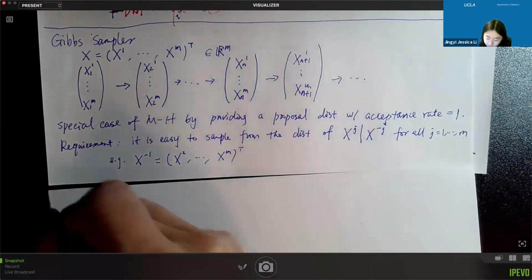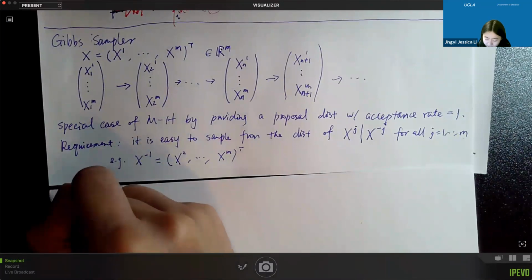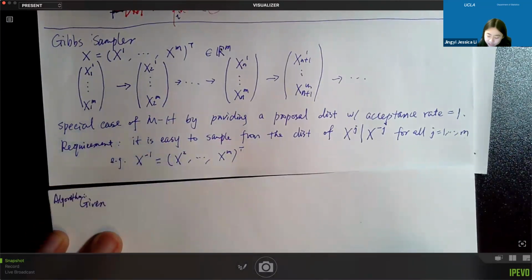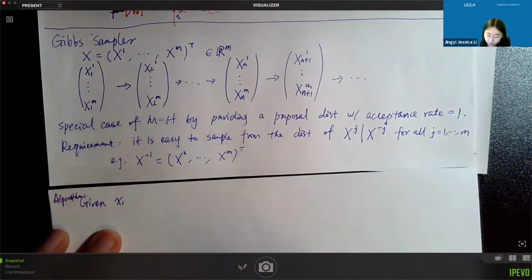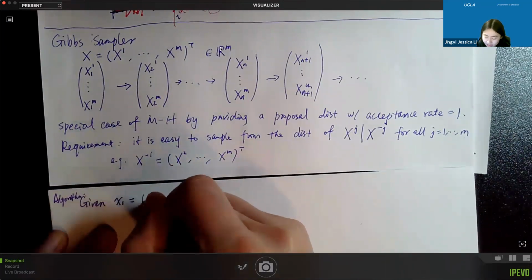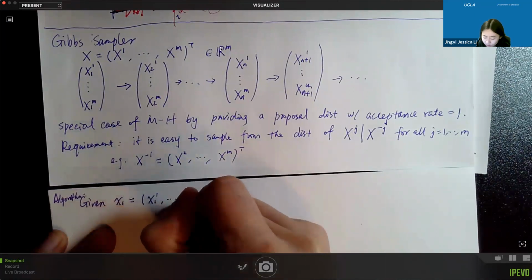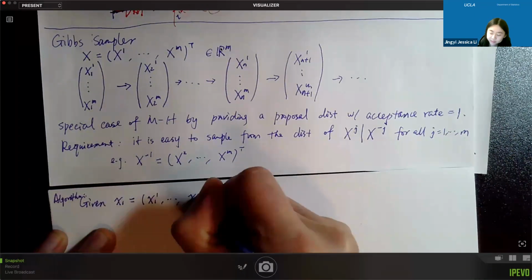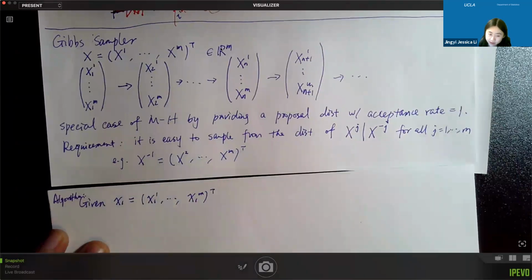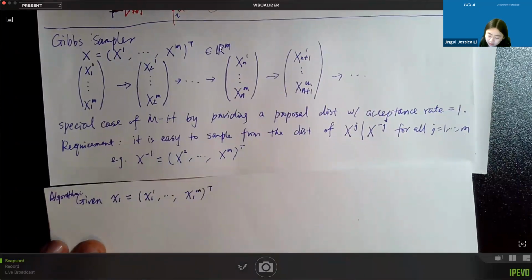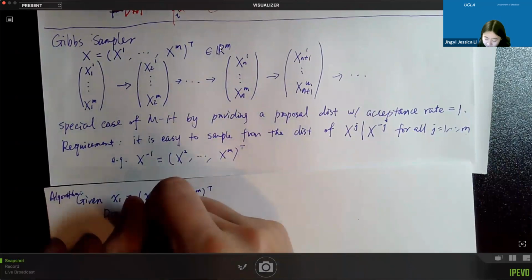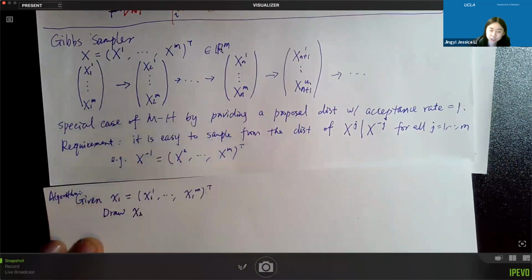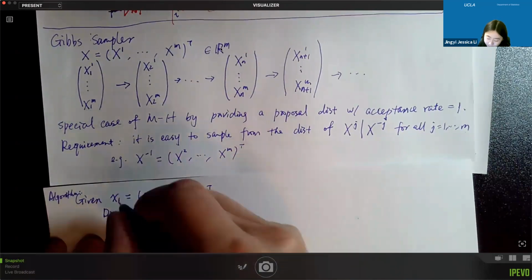So how the algorithm works is that we still do initialization for the first random vector's realization. So we just call that x11 to x1m. We randomly set those m numbers. Okay, and then once we start our iteration, we will first sample the second random vector's realization in the first dimension.